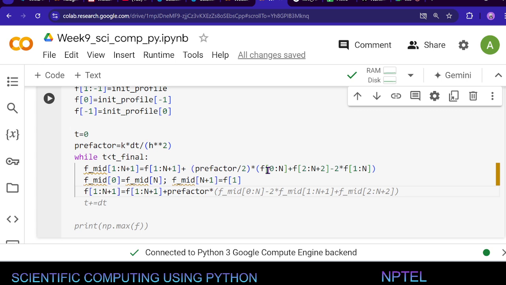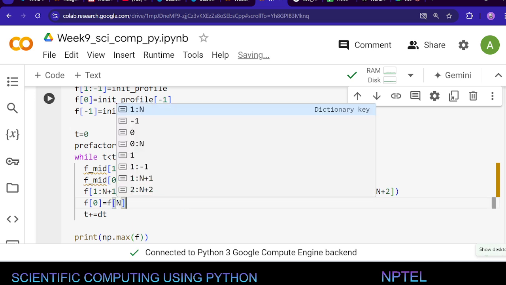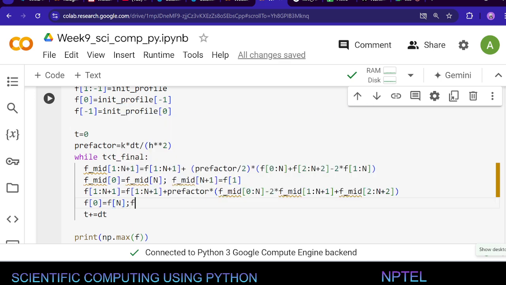But instead of f, we will use f mid, right? And then t plus equal to, okay, we have to do this thing, boundary condition. So f of 0 is equal to f of n, and f of the last element is going to be f of 1.